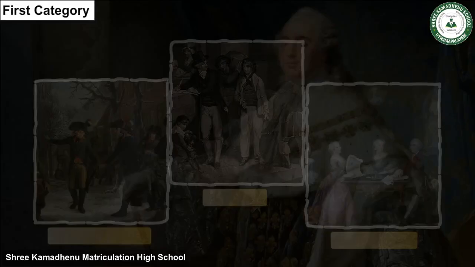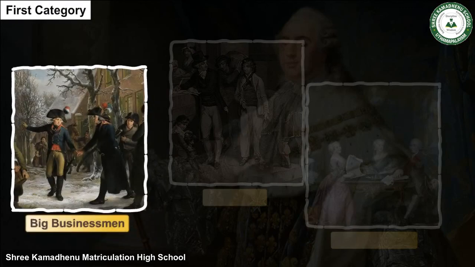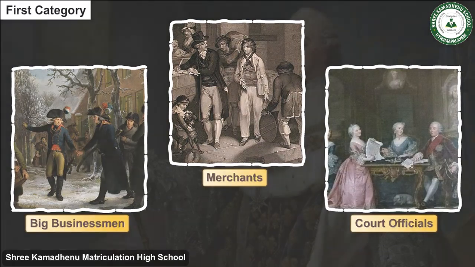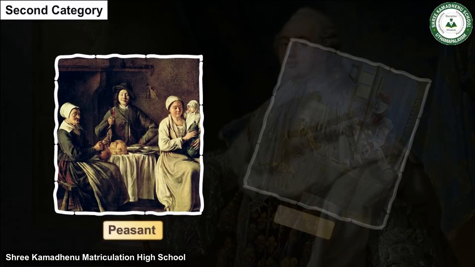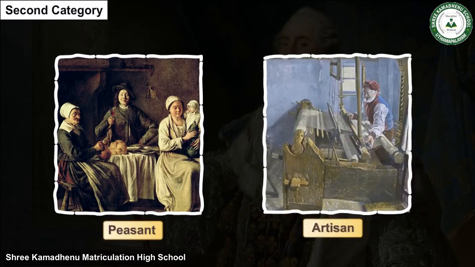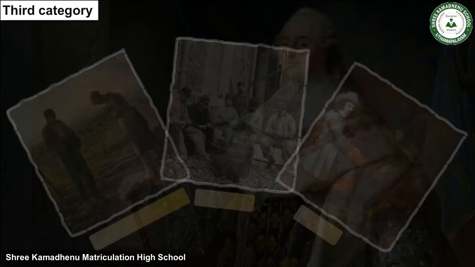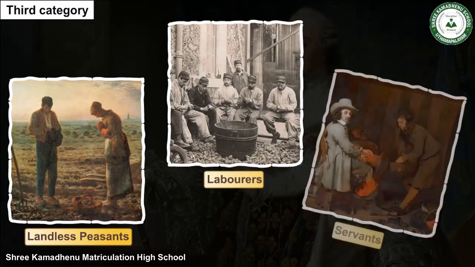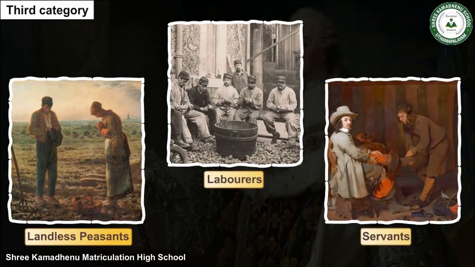The first category of big businessmen, merchants, court officials, etc. was relatively affluent. The second category of peasants and artisans had little money. The third category of landless peasants, laborers and servants was the poorest of all.